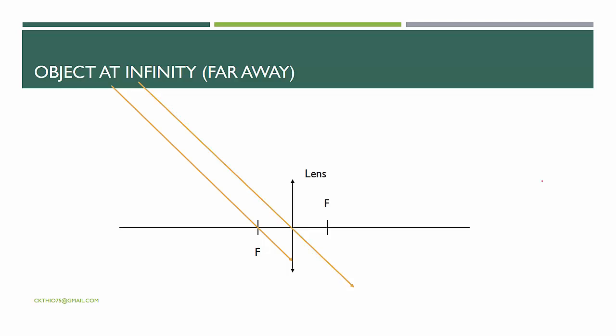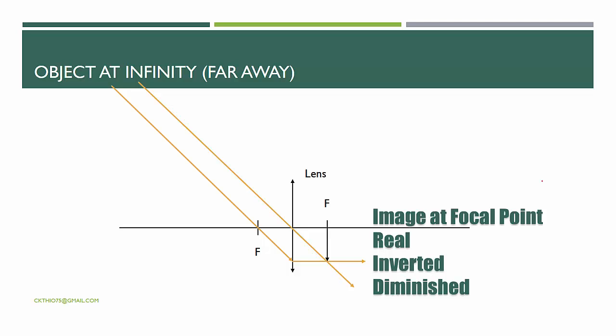And we know that passing through the focal point of the lens, after it hits the lens, it will be refracted so that it's parallel to the principal axis. And in this case, the intersection point is over here, which is where the image will be formed. And you'll find that the image formed will be at the focal length. Okay, so the image formed will actually be at the focal length.